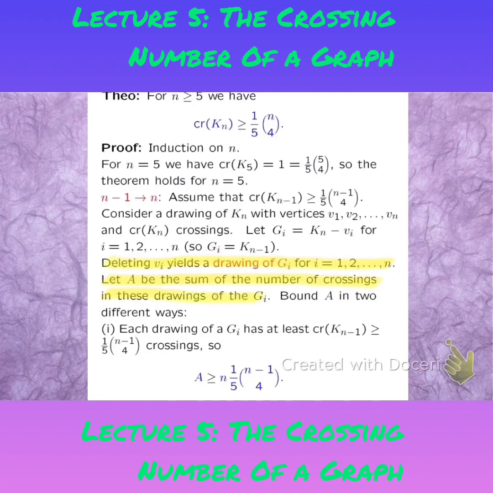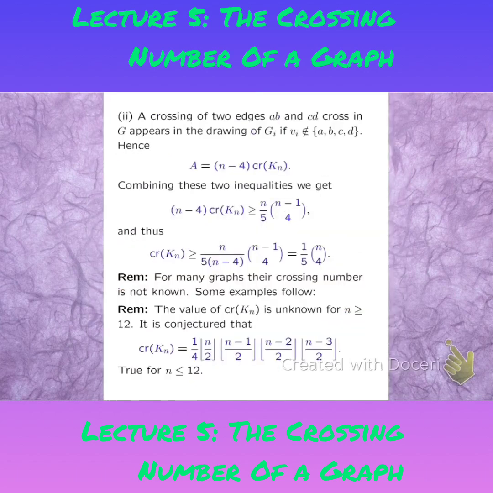Okay. Now we can bound A in two different ways. You can find a lower bound for A because you're adding over n graphs. Each graph has a lower bound according to the induction assumption. So you're adding at least n times a fifth of that inductive lower bound.